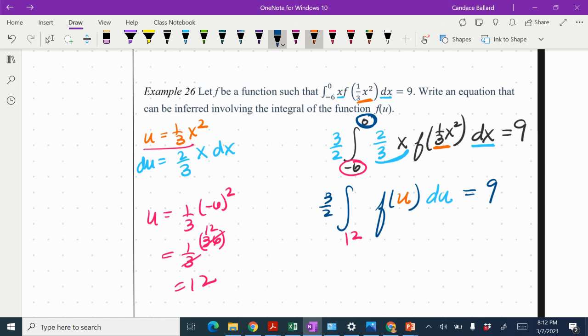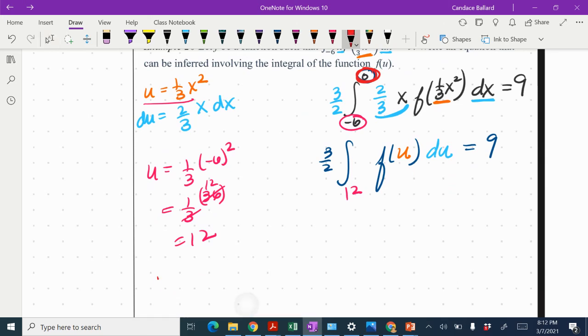Sorry, for x equals 0, u equals 1/3 times 0 squared, which would ultimately just be 0. So if we don't necessarily like the order that that's in, it's perfectly okay to leave it that way. So actually, I'm going to leave it that way this time.